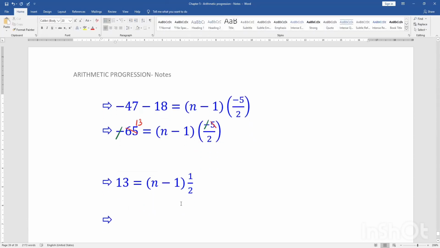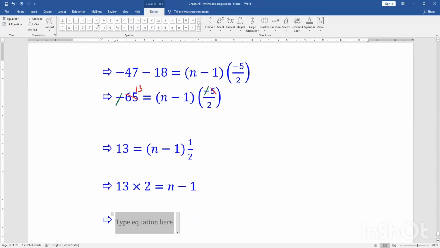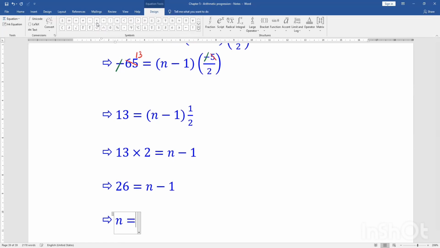Then do the cross multiplication, right? So that means you get 13 into 2, so 2 moves to the LHS and becomes multiplied. So 13 into 2 equals n minus 1, or 13 twos are 26 equals n minus 1. Or I get n is equal to 26 plus 1, which is equal to 27.